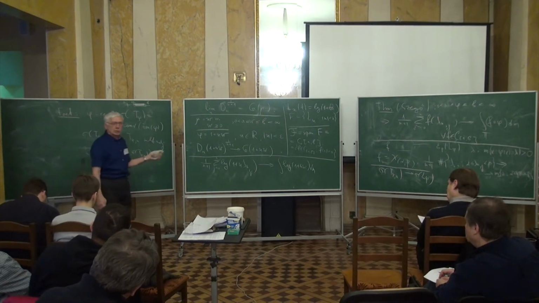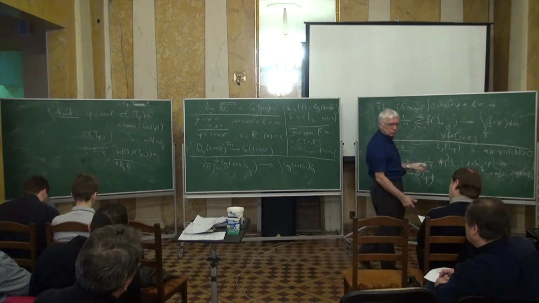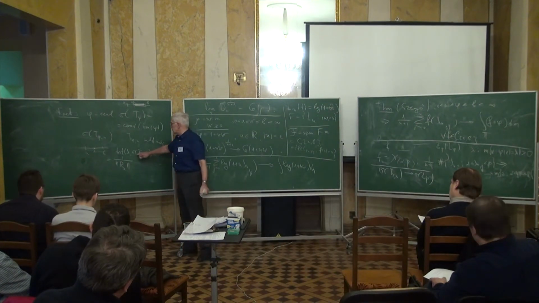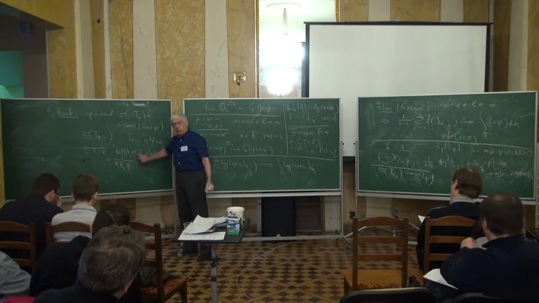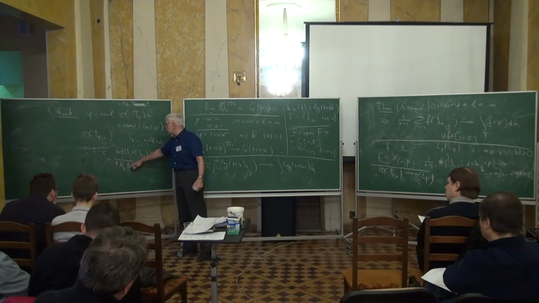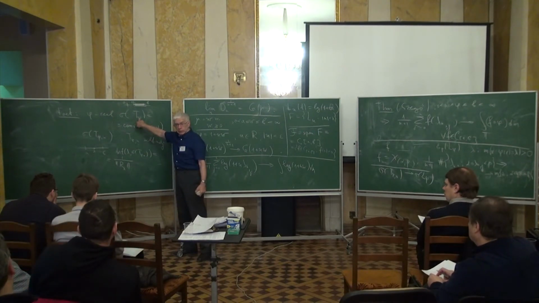Because it's self-adjoint, the norm of the resolvent is equal to 1 over the distance to the spectrum. And so if this distance is separated from 0, the resolvents are uniformly bounded when n tends to infinity. And it implies immediately that lambda is a regular point for this operator.